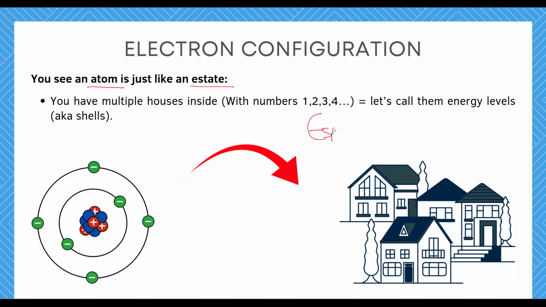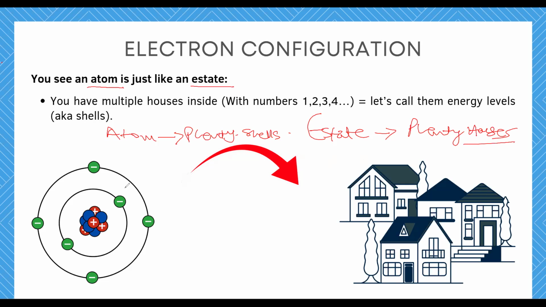Inside an estate, you have plenty houses. Inside an atom, you have plenty shells. So those shells now are just like the houses that you find in an estate. So if the shells are like the houses, then the people that live inside are called the electrons.